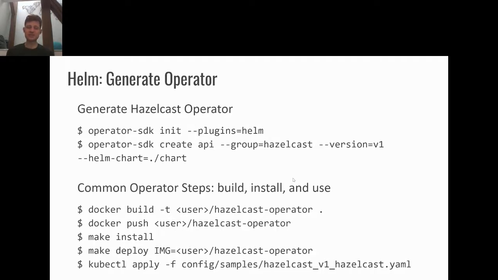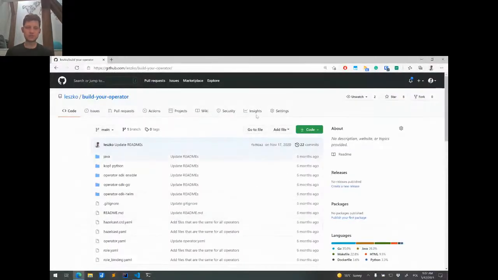This make install is a command from Operator SDK to simplify creating the custom resource definition. Then we deploy the operator with make deploy. This is also a simplification from Operator SDK. And finally, we can specify our custom resource, and the operator using this custom resource will create a Hazelcast cluster for us. Let's look at how it looks in practice, because it's always better to see how it all looks in practice.